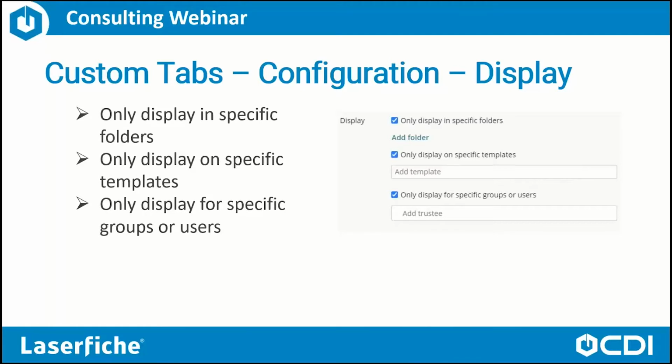By configuring the display of the custom tabs, we're able to create more custom tabs for our users without having 100 custom tabs available that can only be used in very rare circumstances.